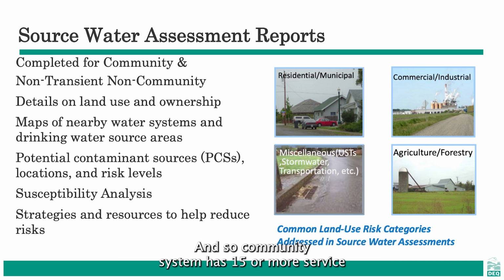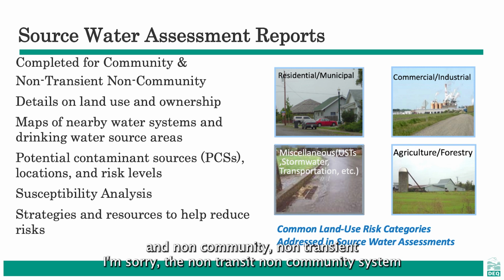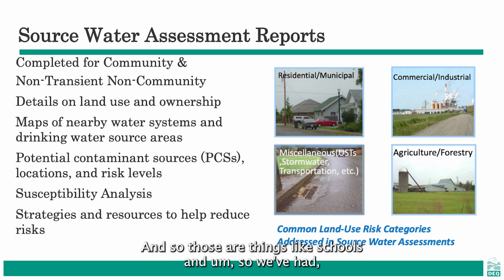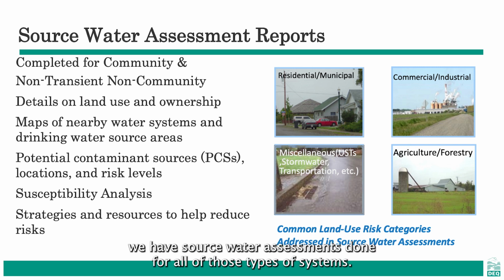A community system has 15 or more service connections, and they serve their residents year-round. A non-transient, non-community system has more than 25 users for about half of the year, 6 months. Those are things like schools. We have source water assessments done for all of those types of systems.